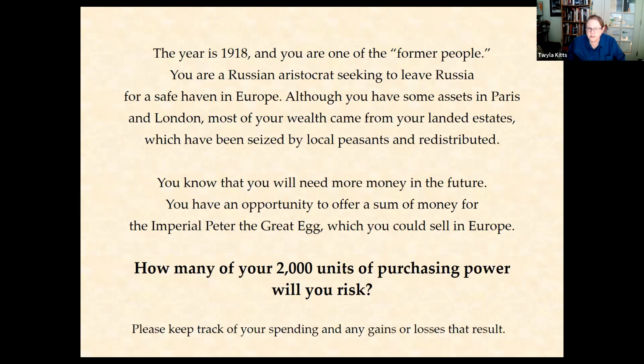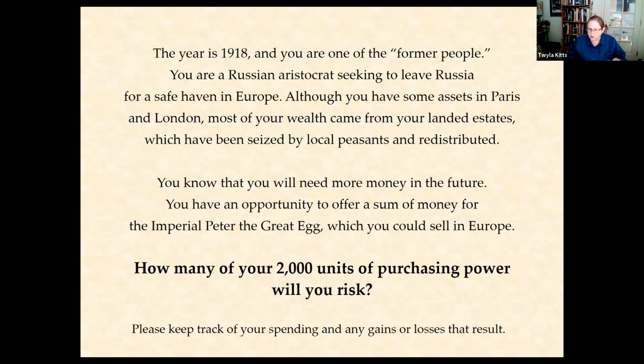So the year is 1918, and you are one of what is called the former people. You're a Russian aristocrat. You're seeking to leave Russia for a safe haven in Europe. You have some assets in Paris and London, but most of your wealth came from your landed estates, which have been seized by the local peasants and redistributed. You know that you're going to need more money in the future.